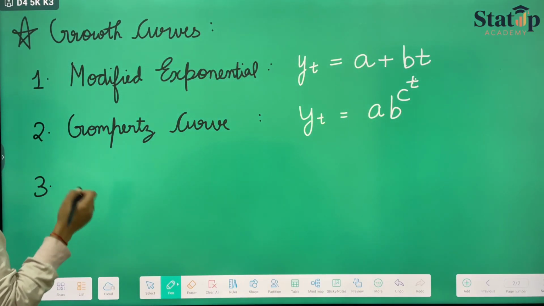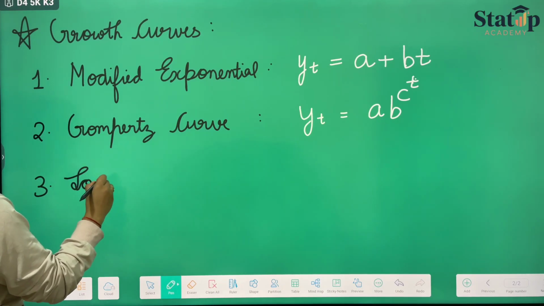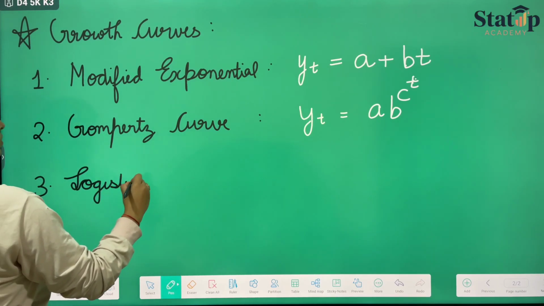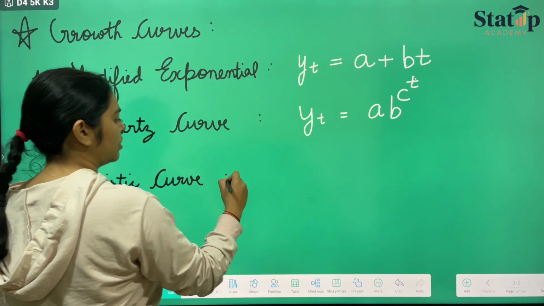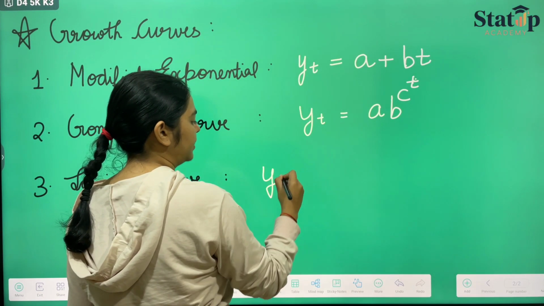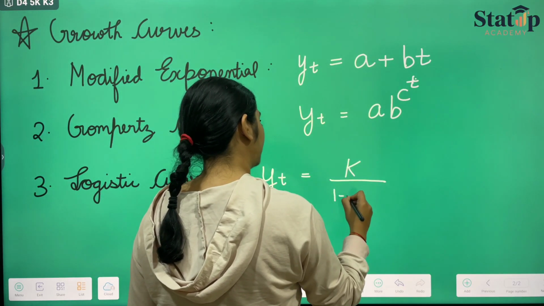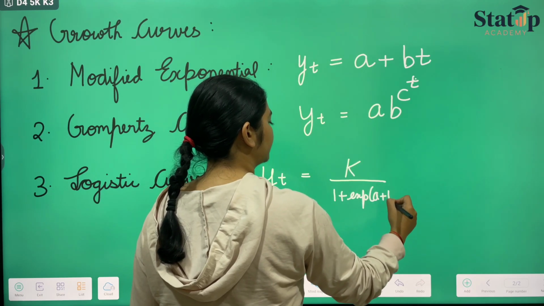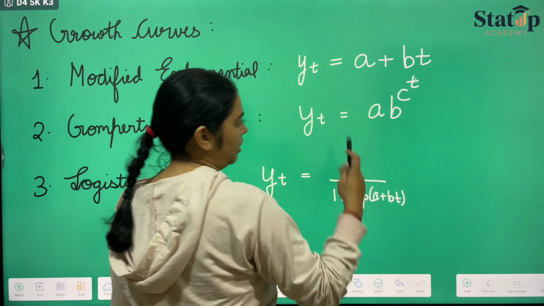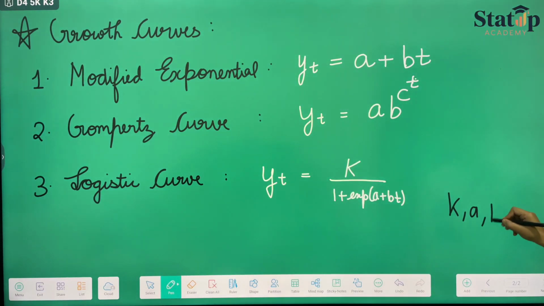And the third one was the logistic curve. It is given as yt is equal to k upon 1 plus exponential of a plus bt, where K, A and B are all constants.